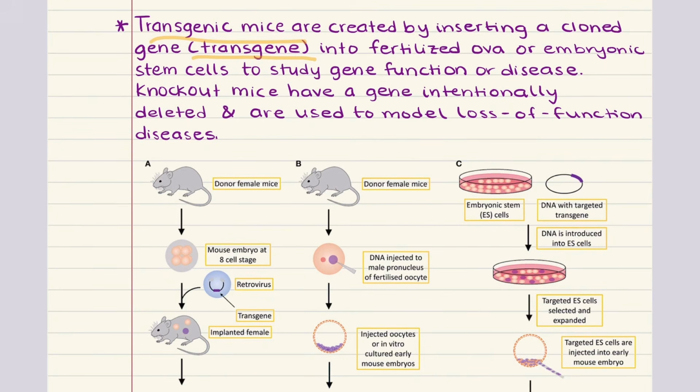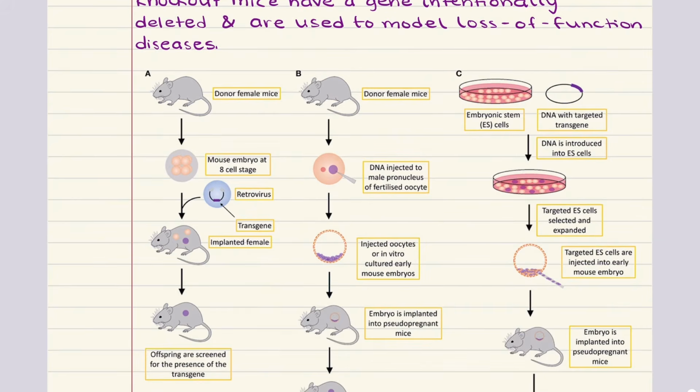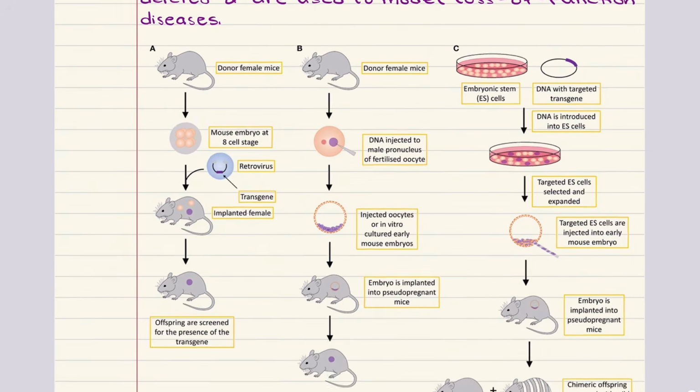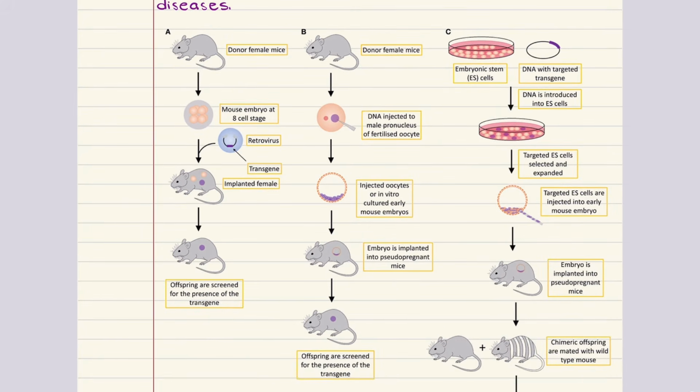Closely related to this are knockout mice. In these animals, a specific gene is intentionally deleted or even inactivated, and that allows us to study what happens when that gene is missing. And this is especially helpful for modeling loss of function mutations, which are common in genetic diseases. This diagram here kind of illustrates the different approaches.